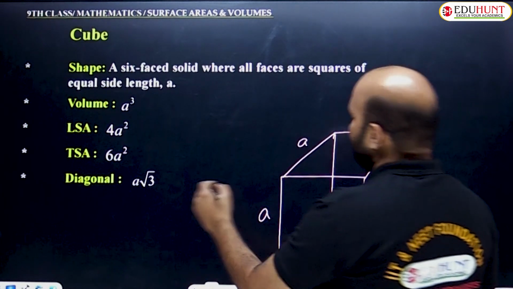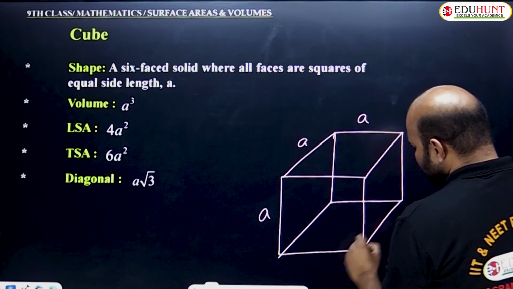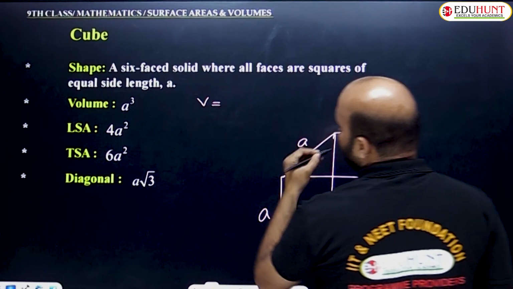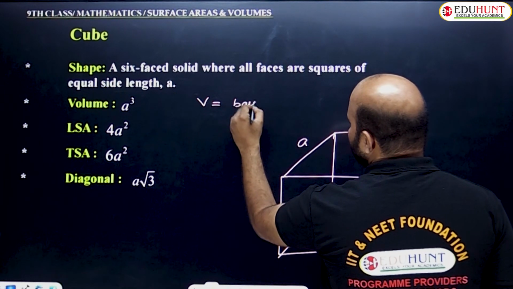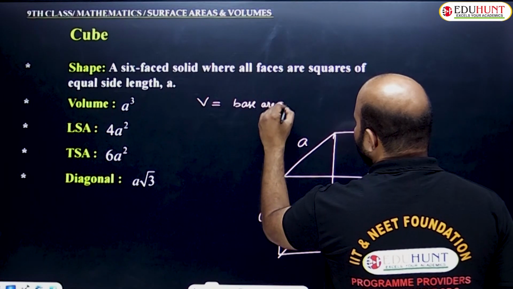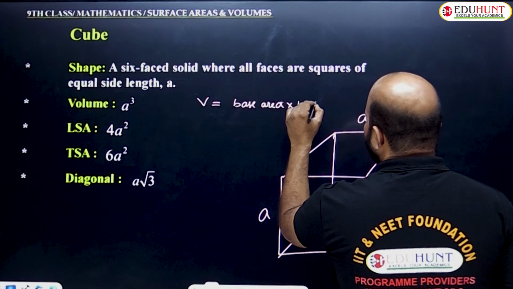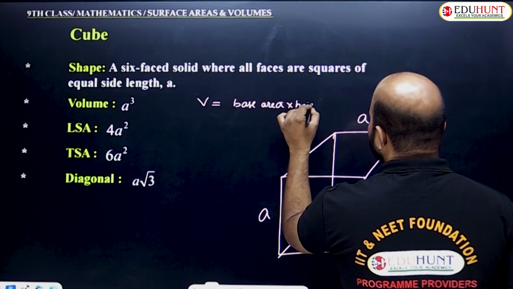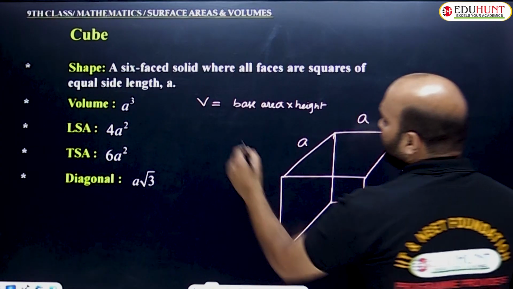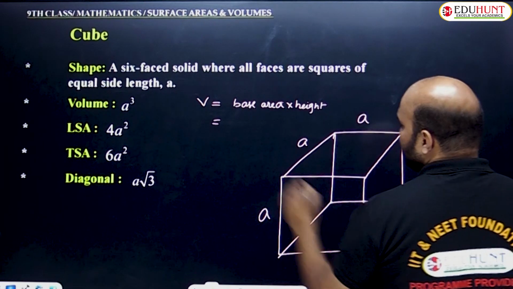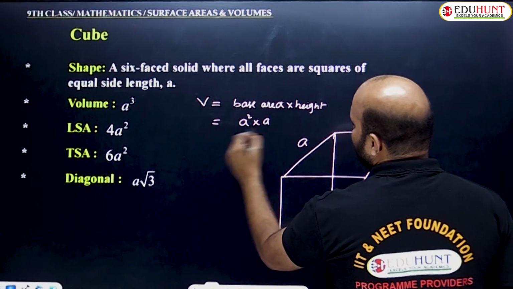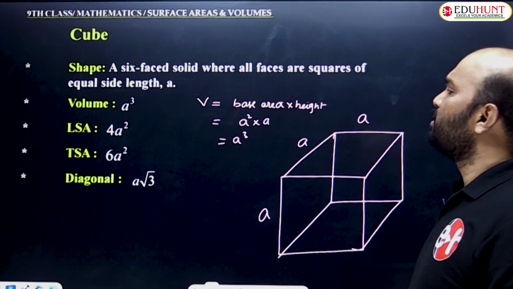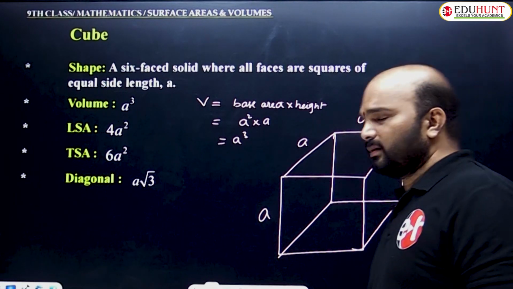The base shape is a square, so the base area is the area of the square, a squared, into height, also a units. What is the total? a cubed. So volume equals a cubed, calculated in cubic units.